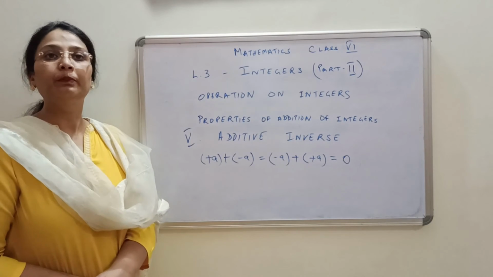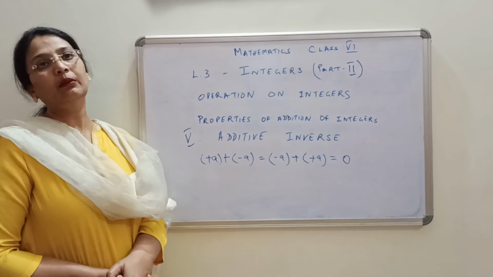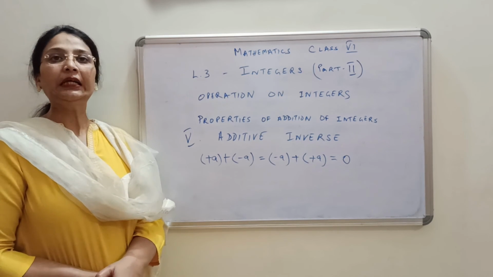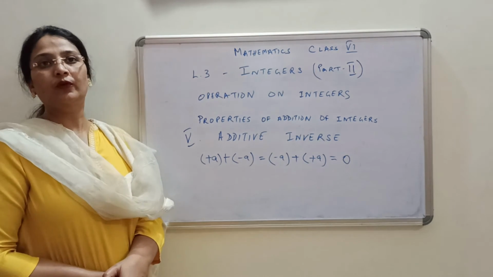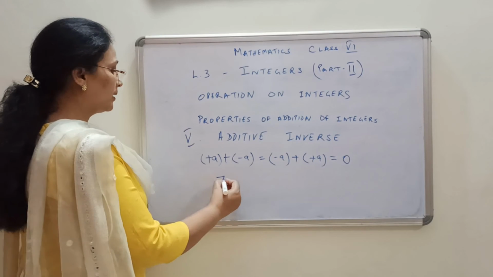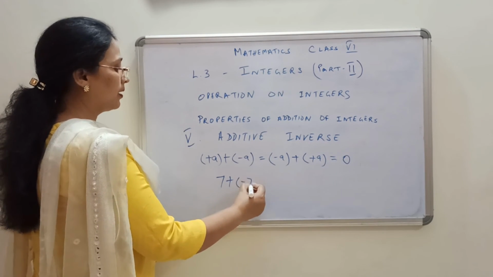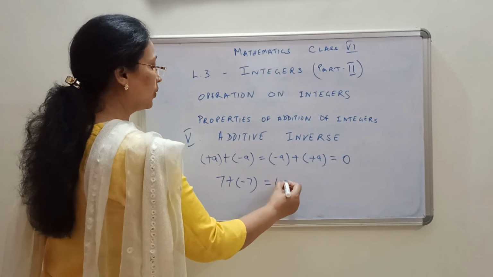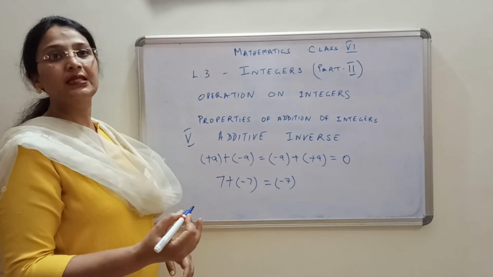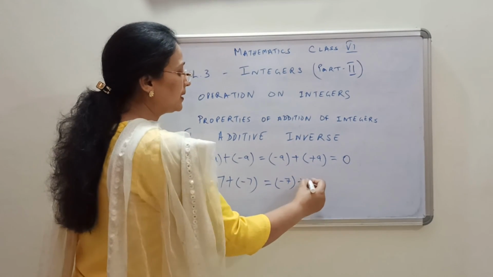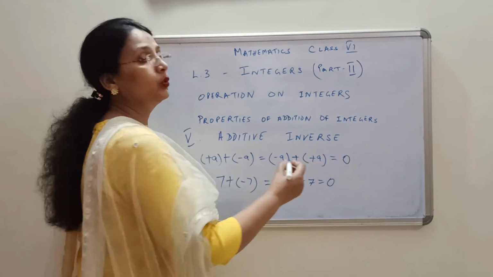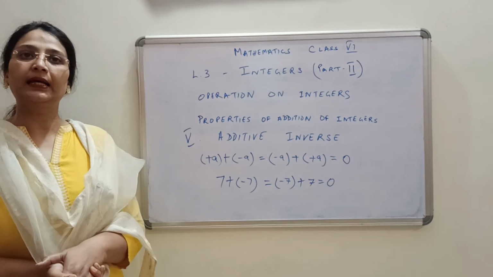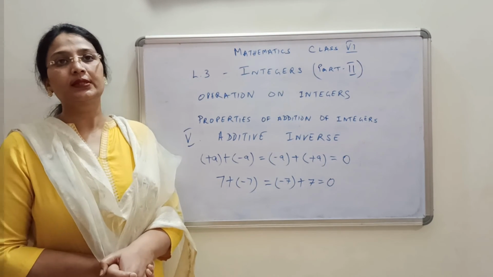Here, +a and -a are called additive inverses of each other. For example, 7 + (-7) = (-7) + 7 = 0. Therefore, every integer has its additive inverse.